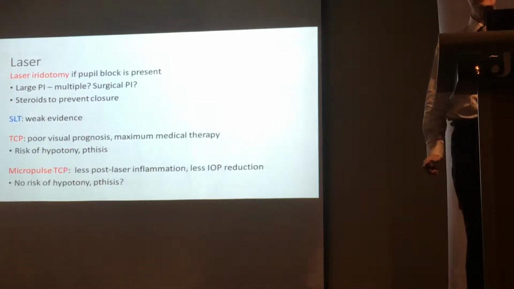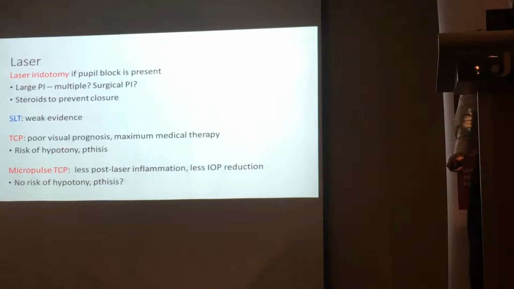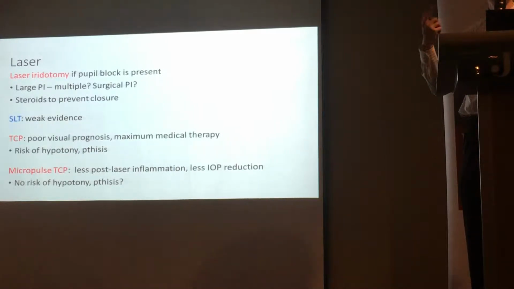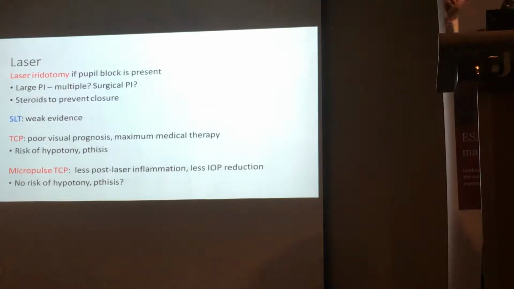I think there's very weak evidence for SLT to be used in uveitic glaucoma. Certainly, one of the mechanisms by which SLT is believed to act is by kicking off a friendly inflammation in the eye in order to clear up the inflammatory debris and the microscopic debris which obstructs the TM.